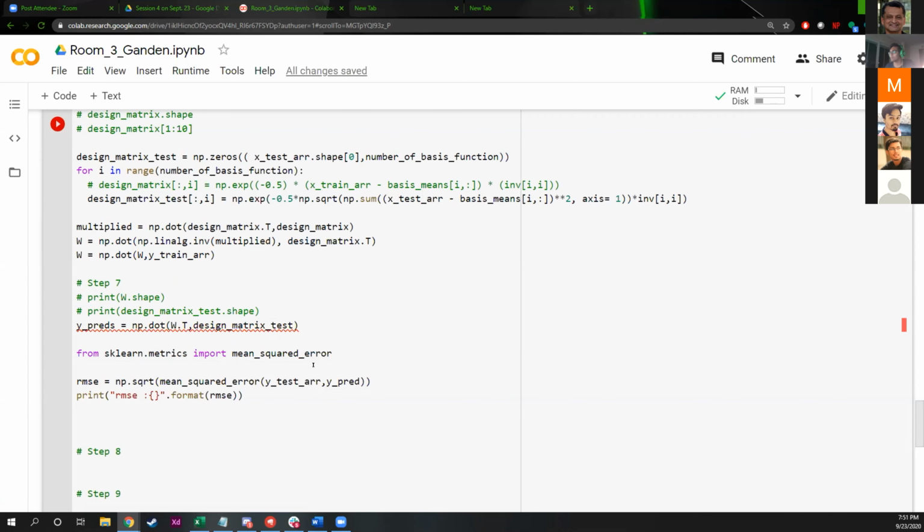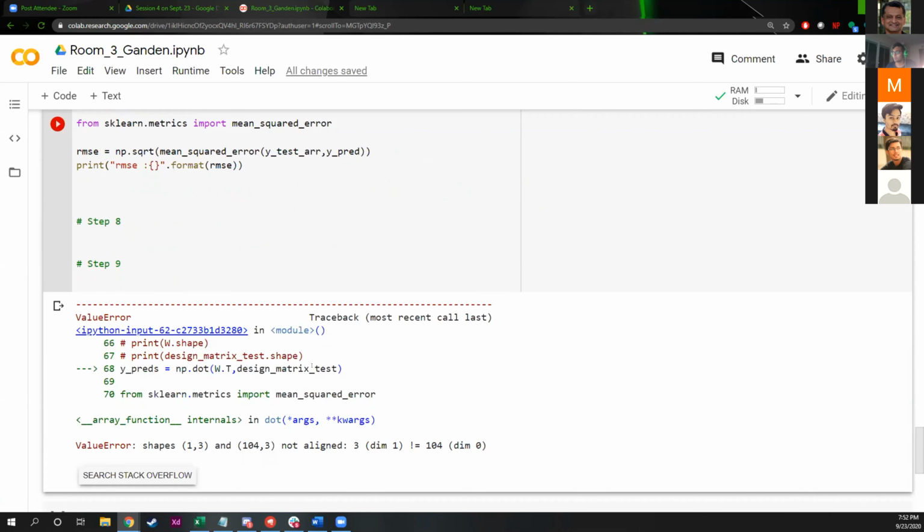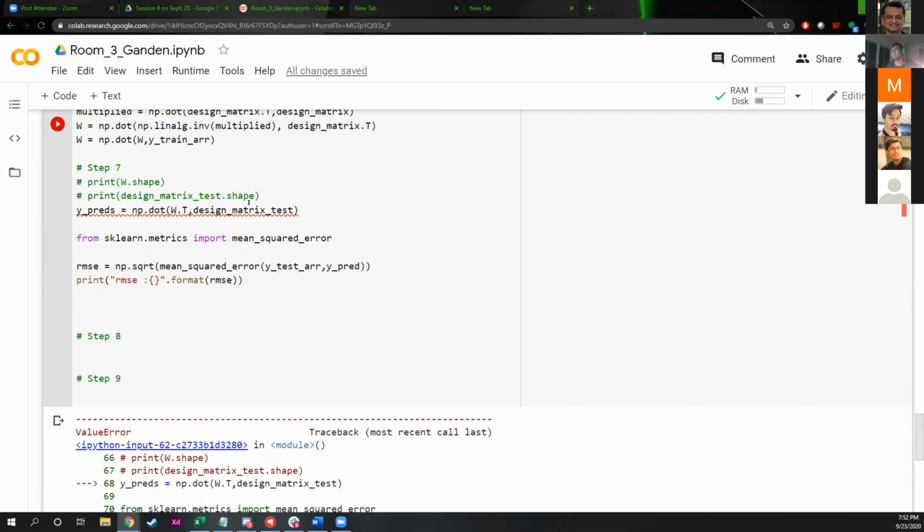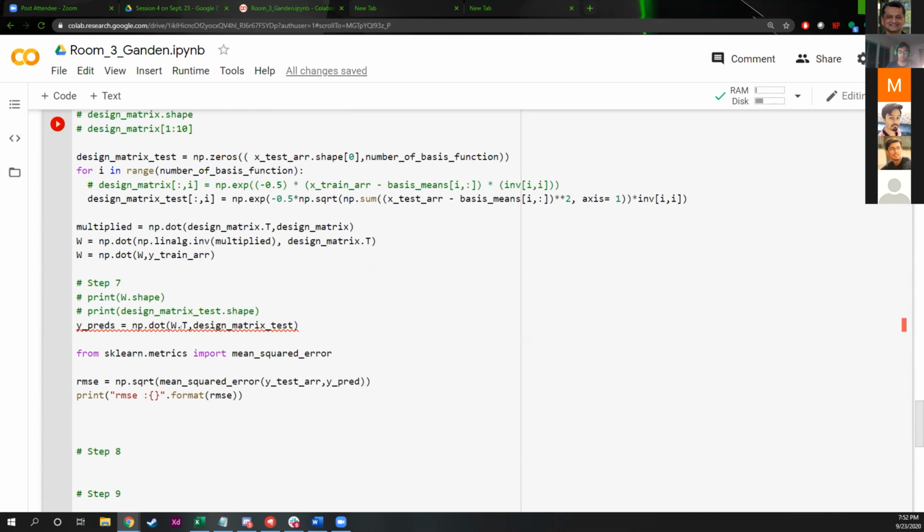Sure. Here's 13104, 3 not aligned, 3 dimension 1 not equal to 104. That's why I just realized that.